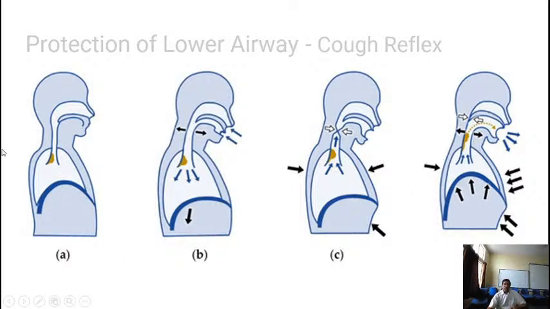So this is called the cough reflex. So the primary function of this larynx is to prevent the food or water going into the respiratory tract, and the secondary function is the phonatory function.